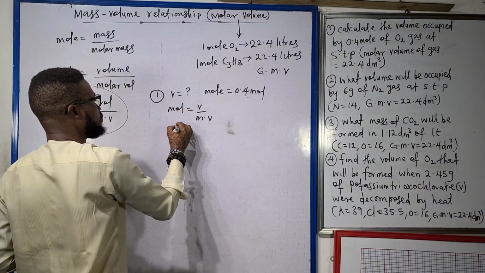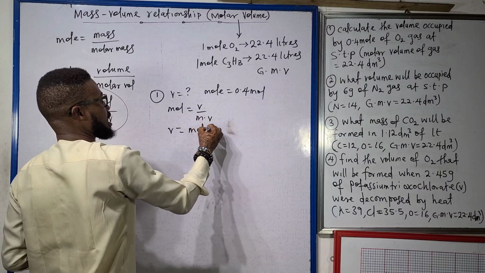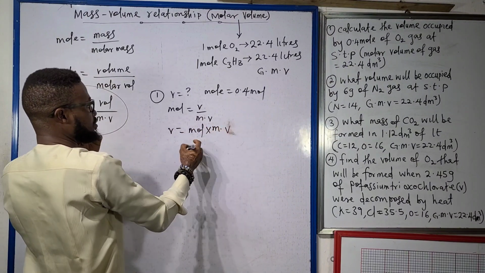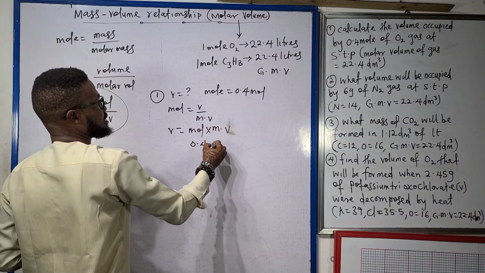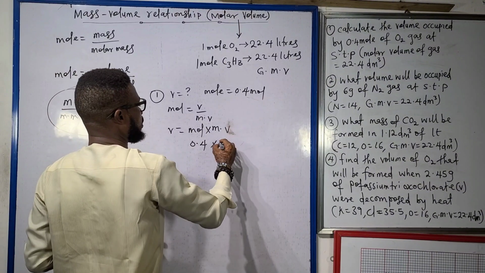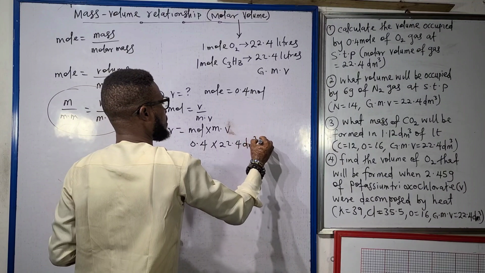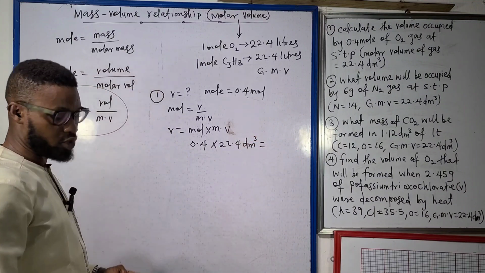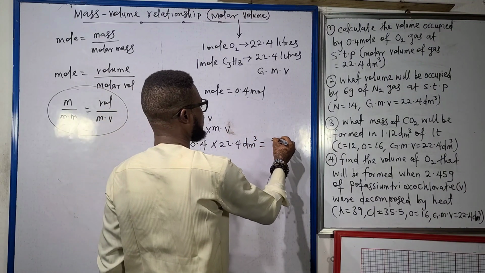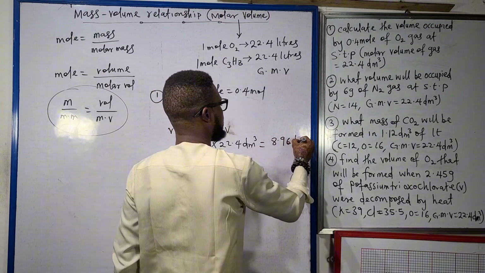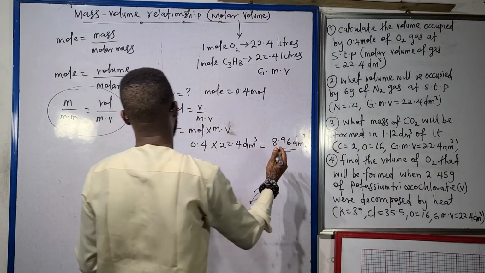So if I'm looking for volume, volume equals mole times molar volume. In this case, the mole is 0.4 times gas molar volume, 22.4 dm cube. 0.4 times 22.4 equals 8.96 dm cube, or you say 8.96 liters.